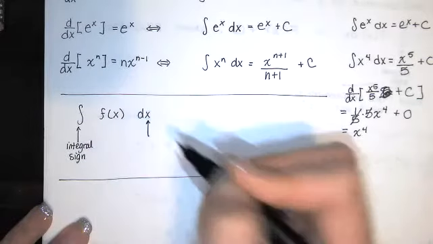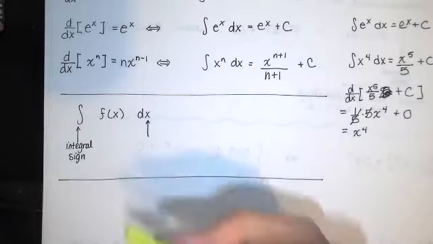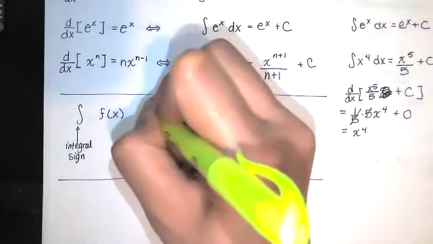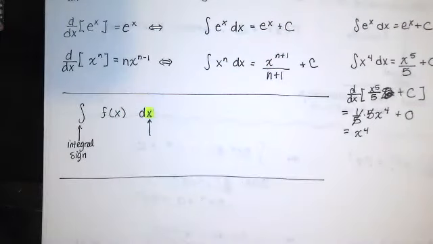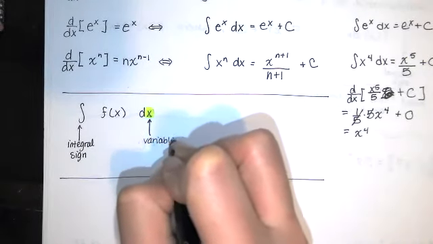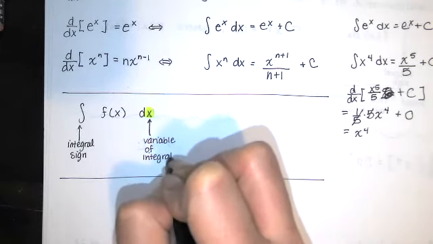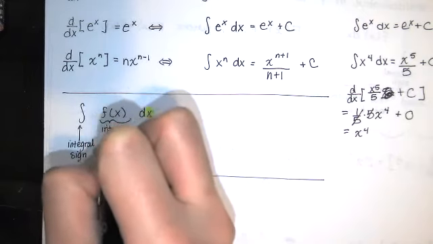This dx over here tells me the variable I'm anti-differentiating with respect to. So we sometimes call that the variable of integration. And this function right here is called the integrand.